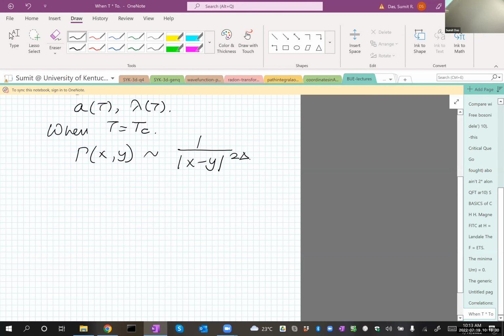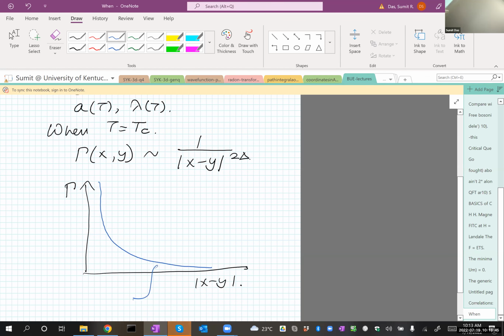If we draw these curves as a function of the distance between the points, this is an exponential. For large distances, it goes to 0 very fast. So this is at T not equal to Tc.